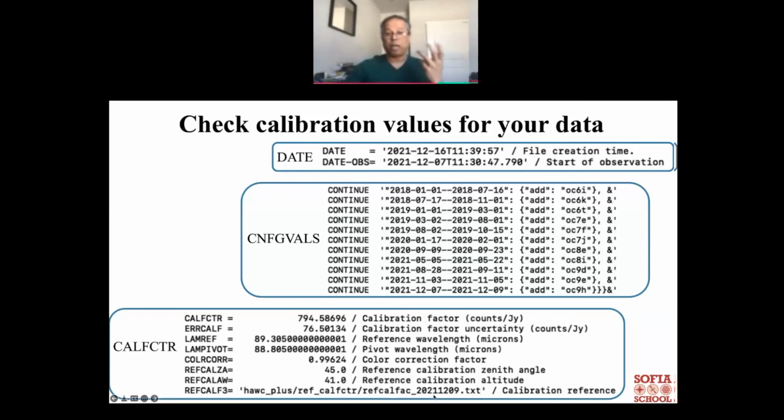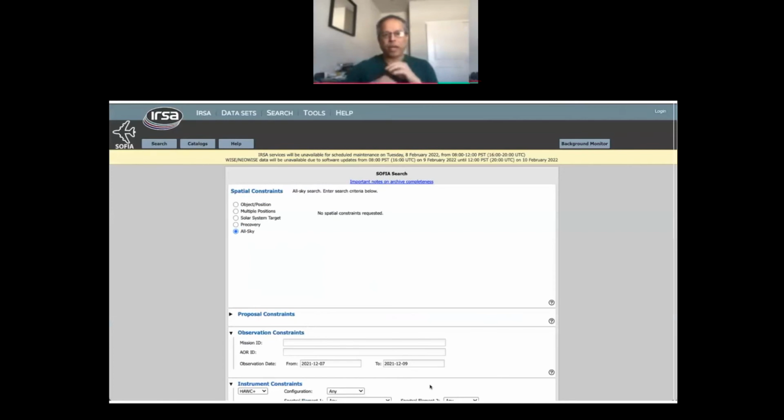So when the pipeline is available for people, this file will be included with the pipeline, so you can go and look at what the values were in that pipeline. So once you have that, and if everything looks good with your data, you're great. But if you have any questions about calibration, or if you want to look at, oh, what sources were used in my calibration, you can go to the URSA database.